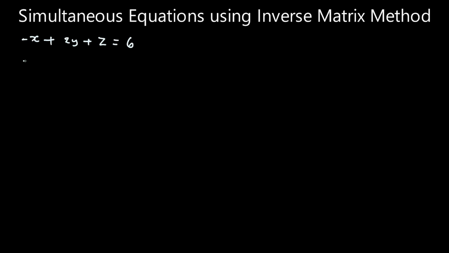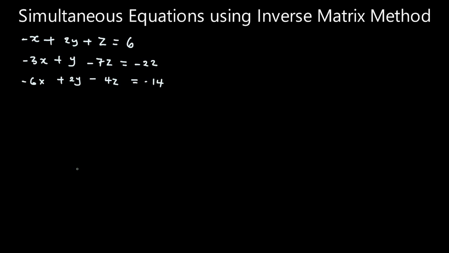We have minus 3x plus y minus 7z is equal to negative 22. We have minus 6x plus 2y minus 4z is equal to minus 14. And we are supposed to solve the simultaneous equation using the inverse matrix method.